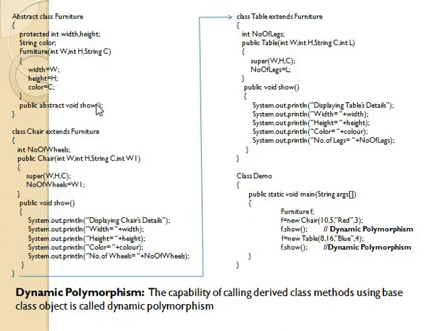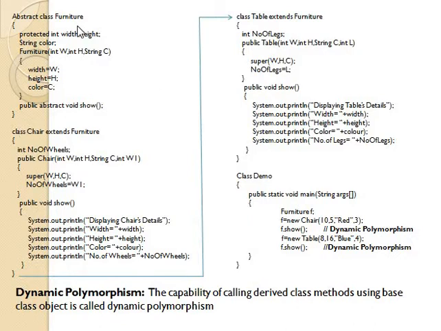So just remember that methods defined as abstract do not contain any body and end with a semicolon, whereas methods which are not abstract contain a body, and inside the body a set of Java statements can be executed.